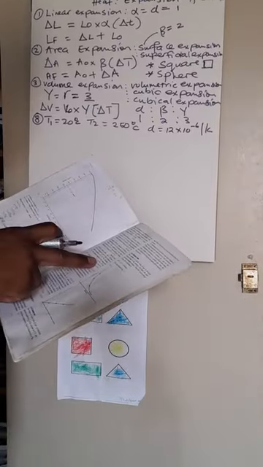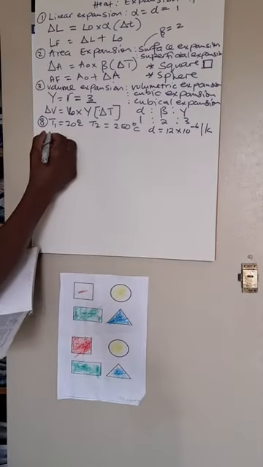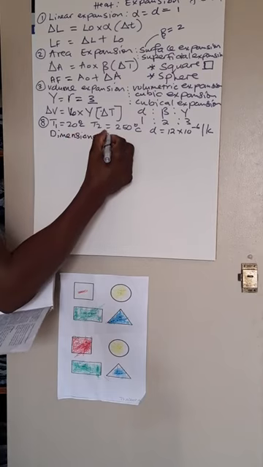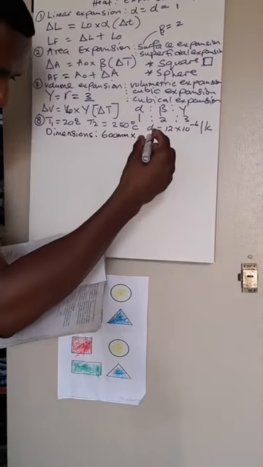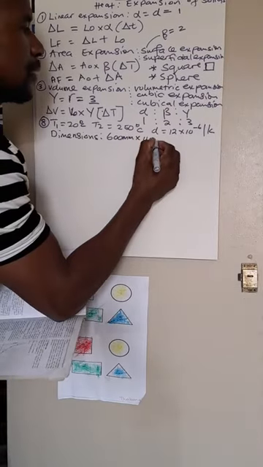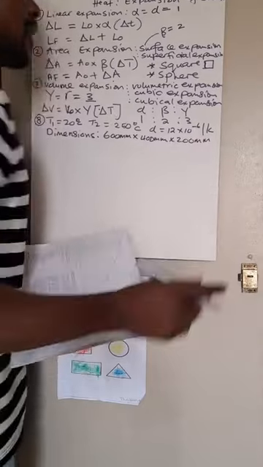What else are we given? The dimensions of the block are given as 600 millimeters by 400 millimeters by 200 millimeters.